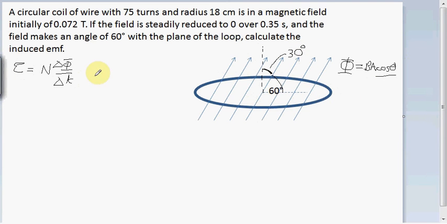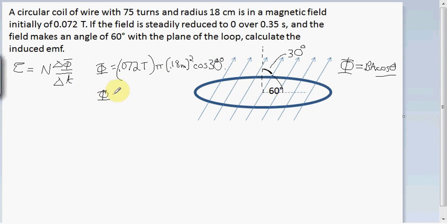So that means that phi is going to be 0.072 Teslas times the area. It's a circular coil, so that's pi times the radius, 0.18 meters squared, times the cosine of 30 degrees.